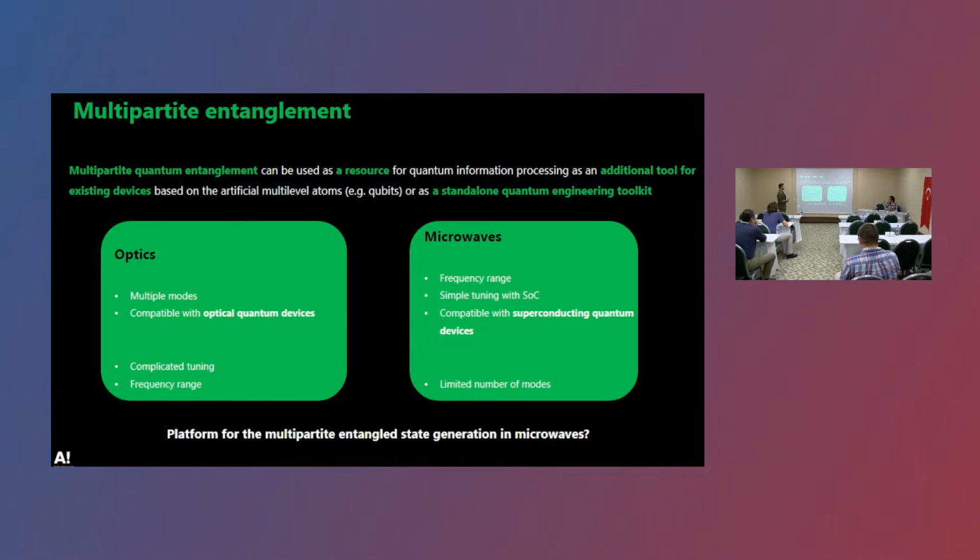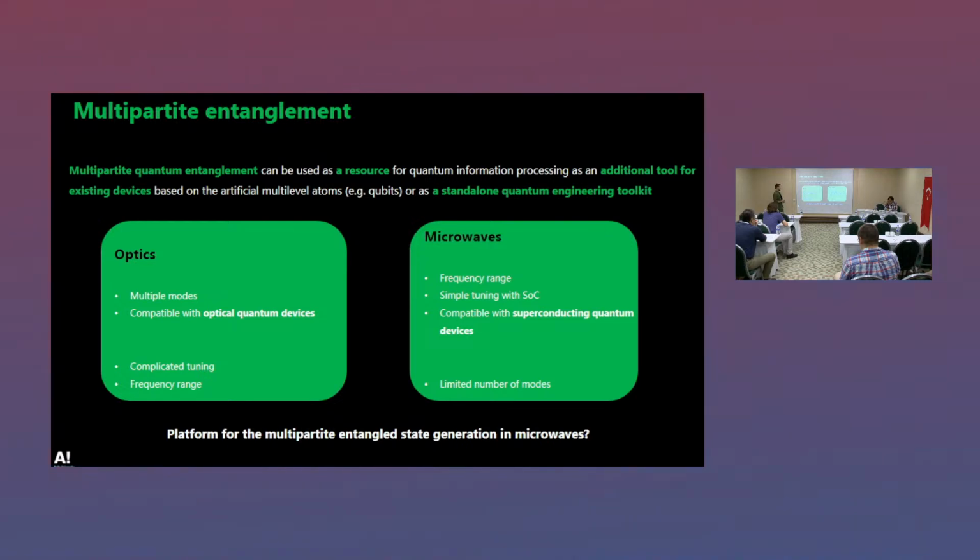But of course, a system that generates multipartite entanglement in certain states can also be used as a separate quantum engineering toolkit, so we can perform measurement-based computing based on multipartite quantum entanglement or distributed quantum sensing, but I will tell about this later. There are different approaches, and in optics people are quite advanced with multipartite entanglement generation.